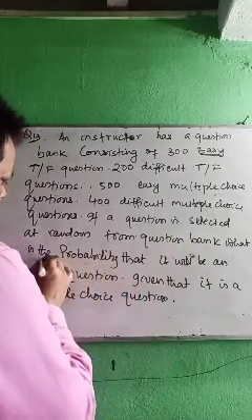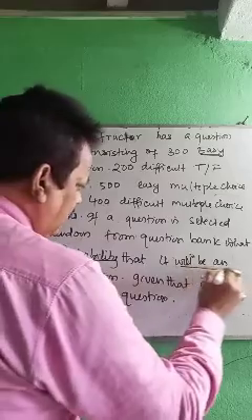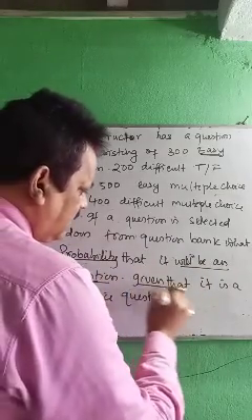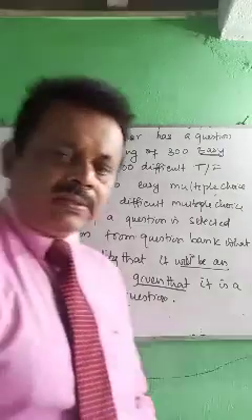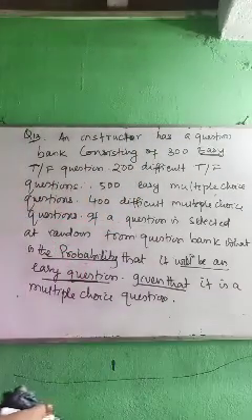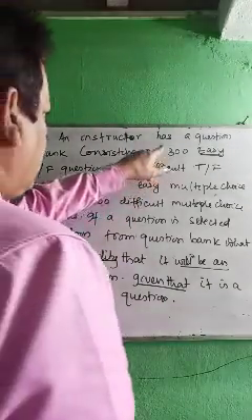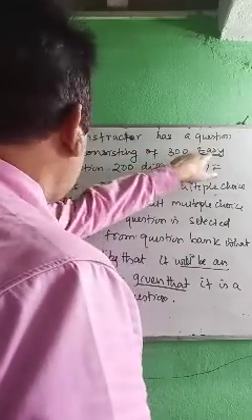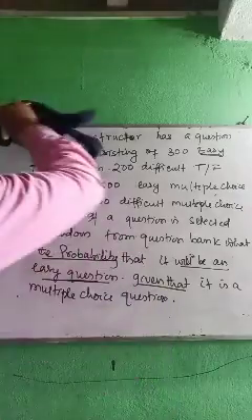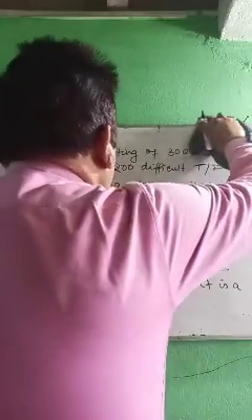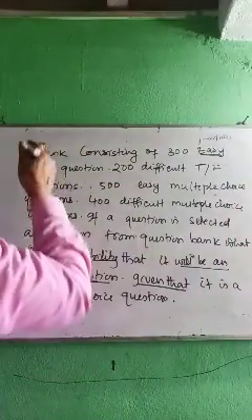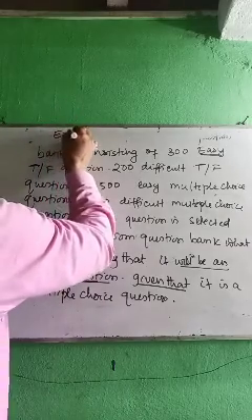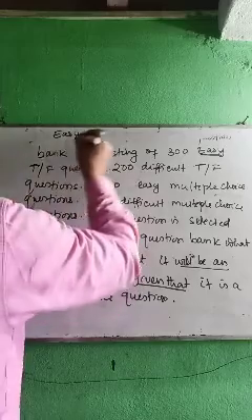See now. Remember, look, what is the probability that it will be an easy question? This is your E, given that is F. Okay. Now, let's write down here the data. 300 easy true false questions.